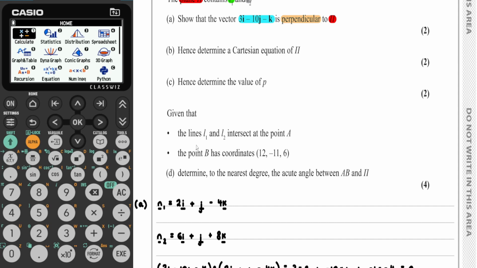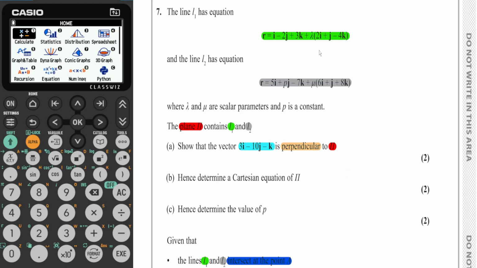Given that the lines L1 and L2 intersect at the point A, and the point B has coordinates (12, -11, 6), part D, determine to the nearest degree the acute angle between AB and pi. Before we do anything else, we can state the equation of L1 and L2 in column form, knowing what p is, which is 1/5.